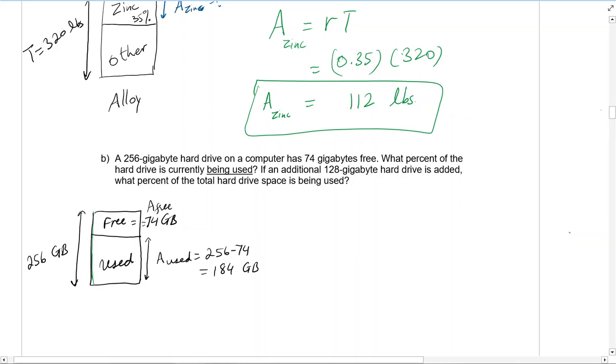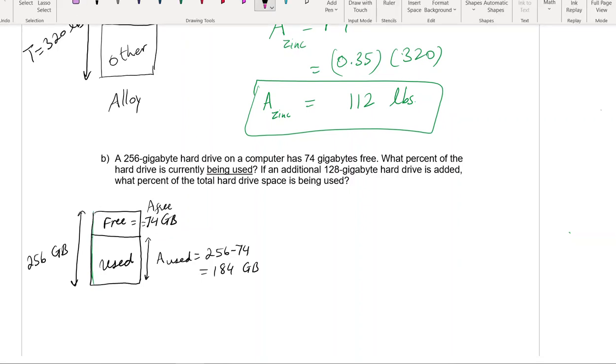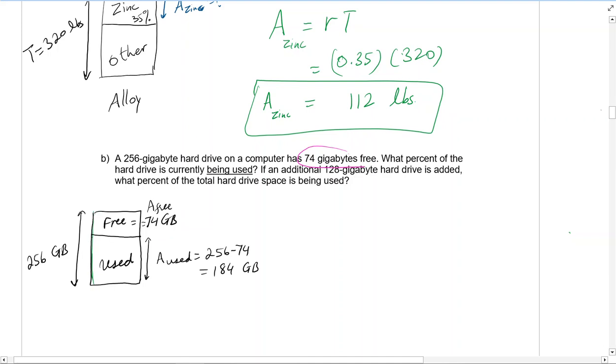So this is the amount free, this is the amount used, and our goal is to figure out what percent of hard drive is currently being used. And always pay attention. Here we were given what is the free amount, but they're asking what percentage is being used. So we need to focus on percentage of used. So these are the numbers we're going to work with.